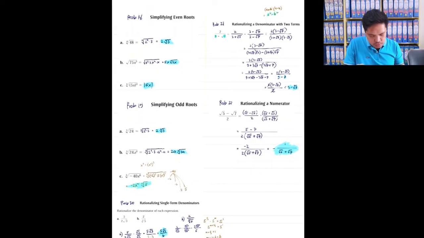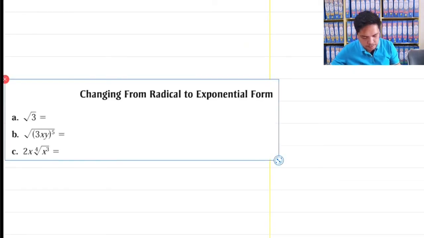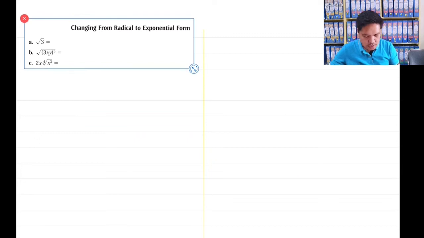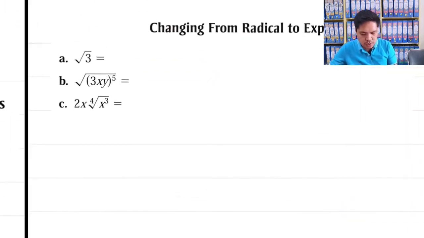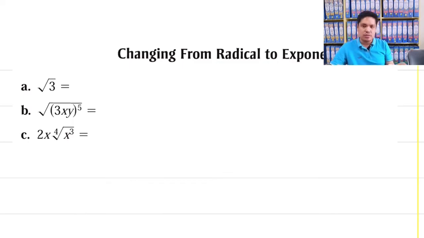Okay, this is problem number 23, changing from radical to exponential form. This one is a bit easier, so there's no challenge anymore.